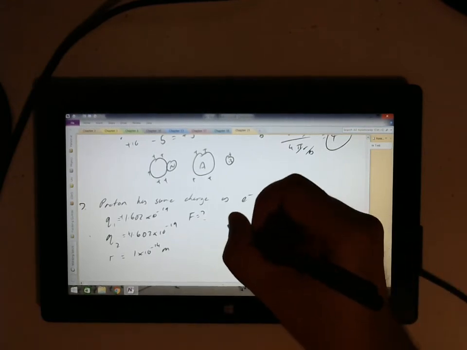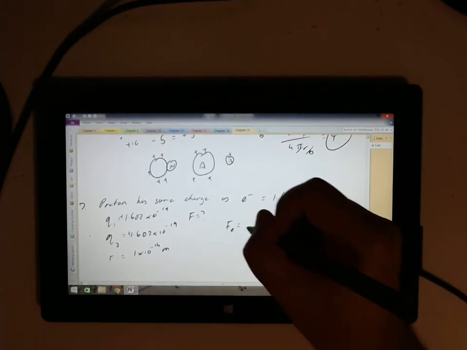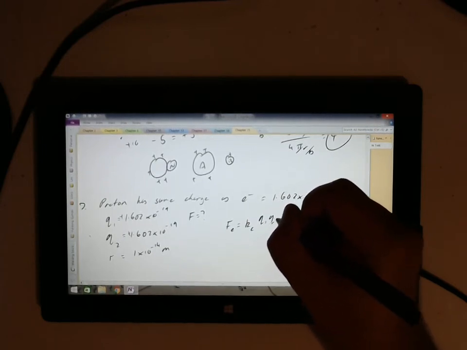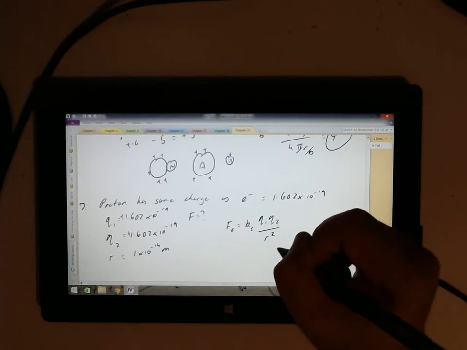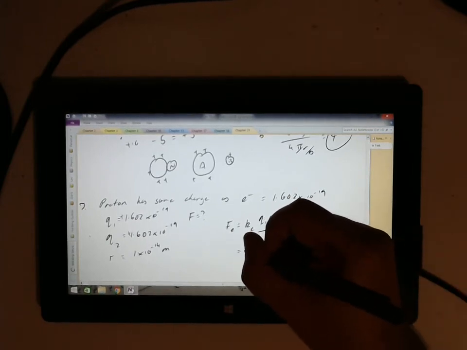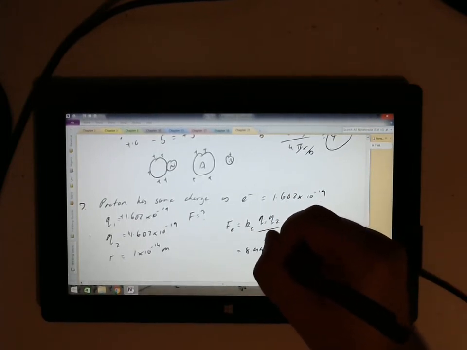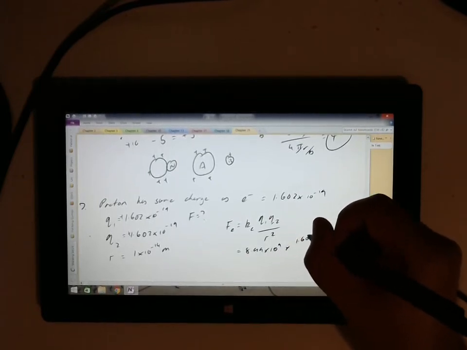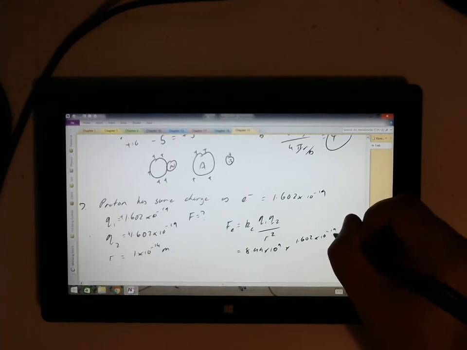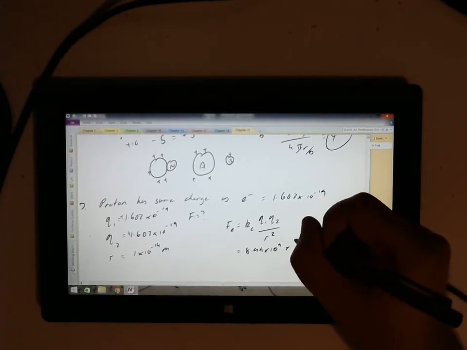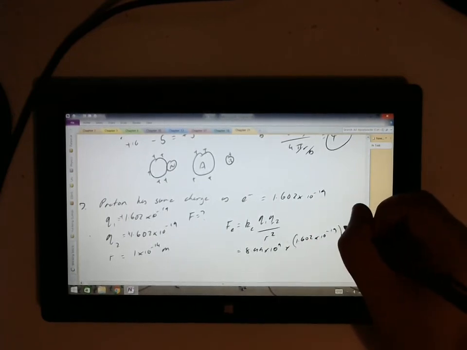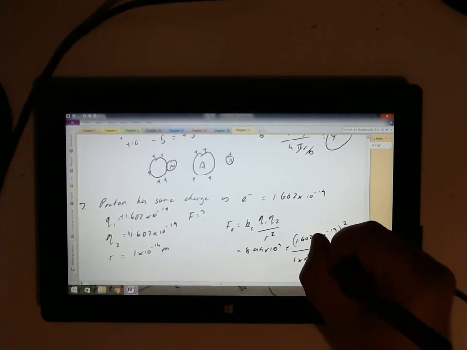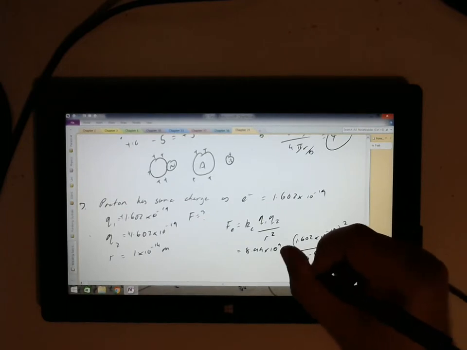So force is going to equal Coulomb's constant times Q1 Q2 over r squared, which equals 8.99 times 10 to the 9 times 1.602 times 10 to the negative 19, multiplied twice because they're both the same, so I'm just going to do a squared, over 1 times 10 to the negative 14 squared. I hope that makes sense.